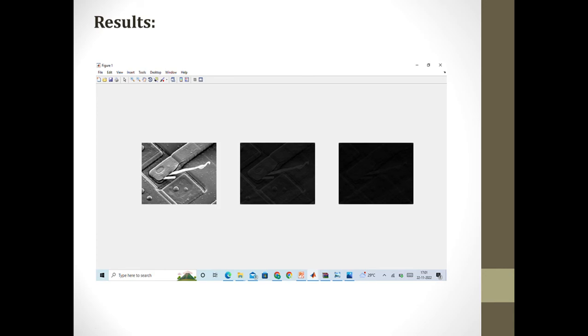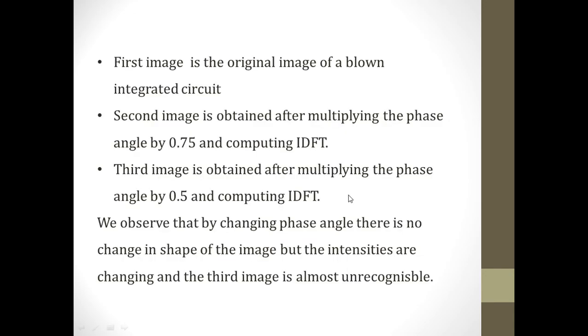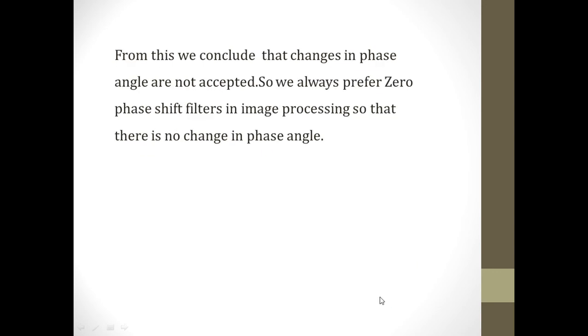We observe that by changing this phase angle, there is no change in shape of the image, but intensities are changing. And also the third image is almost unrecognizable. So now we can conclude that the changes in phase angles are not accepted.